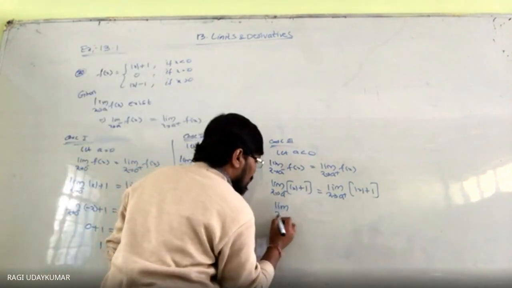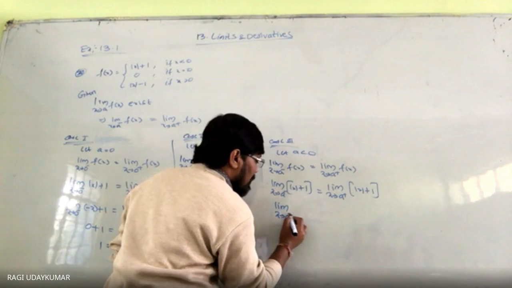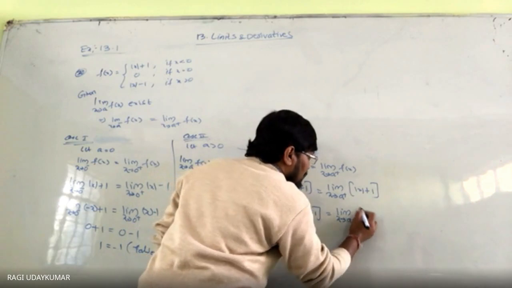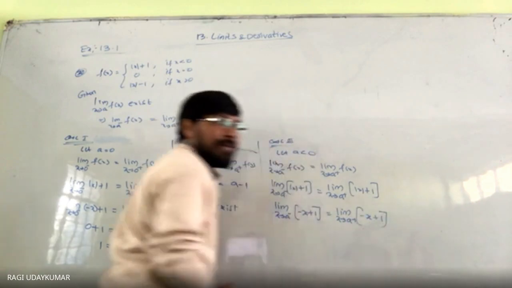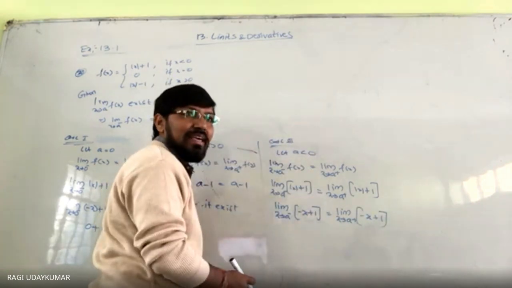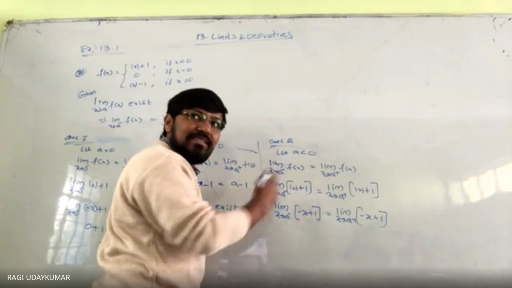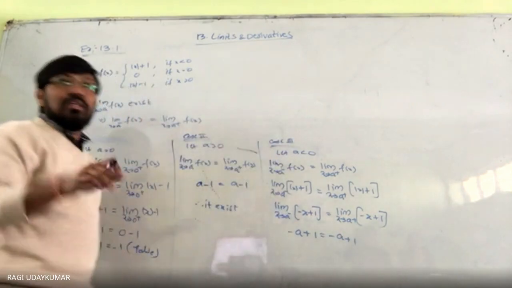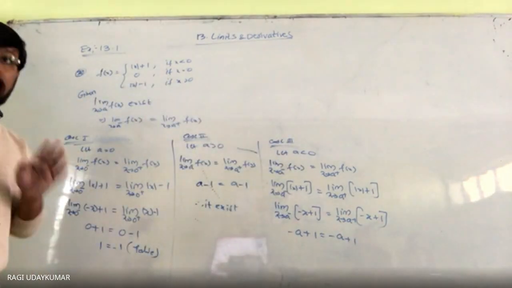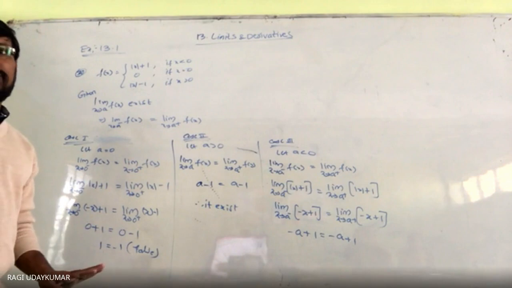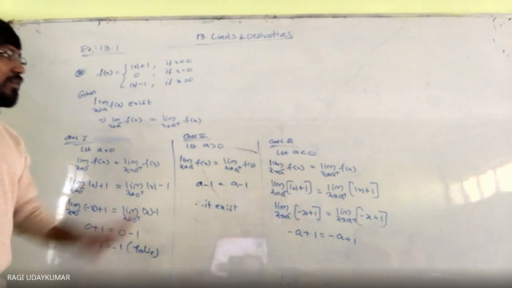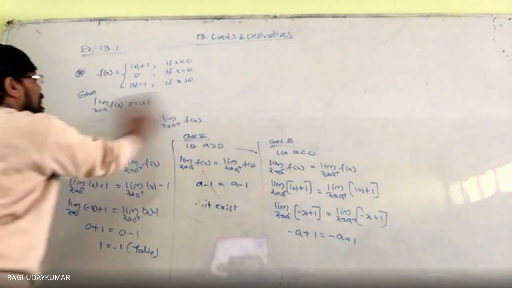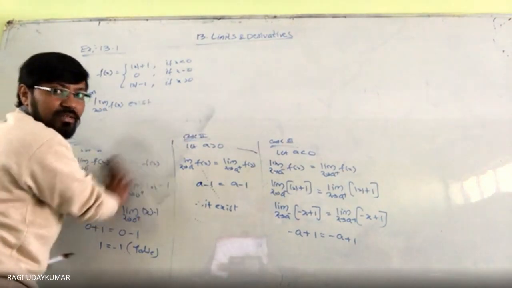So limit x tends to a minus of minus x plus 1, and limit x tends to a plus of minus x plus 1. So we need to substitute a. A is negative, but substitute a as it is. So minus a plus 1 equals minus a plus 1. Both are equal. So the limit exists. Okay? Did you understand this? Yes, sir. Very simple, but you may feel it is a little complicated.